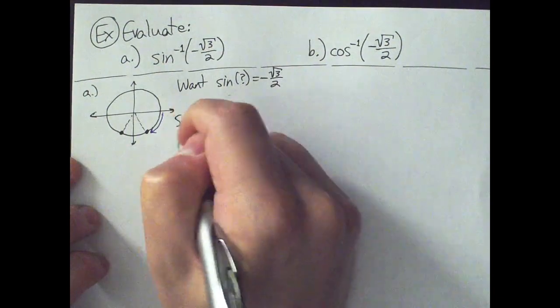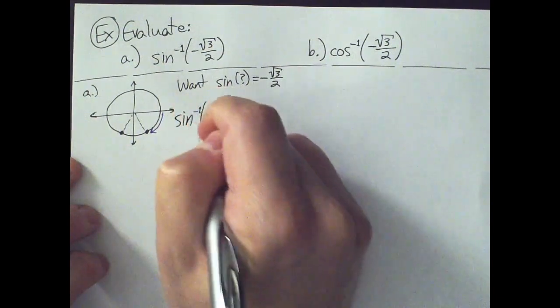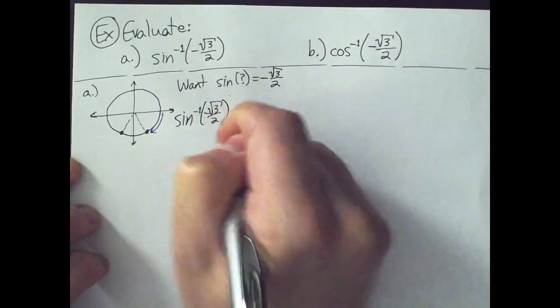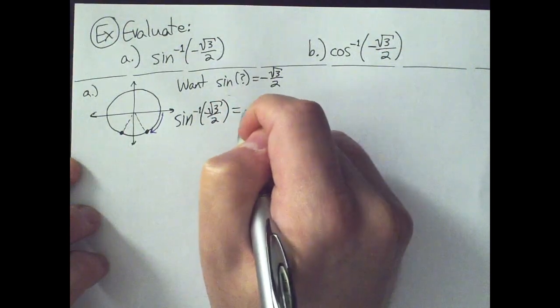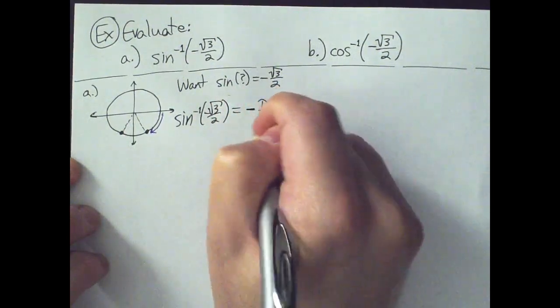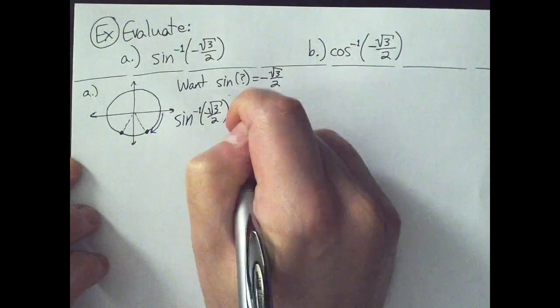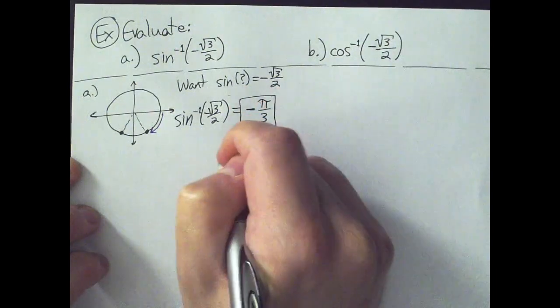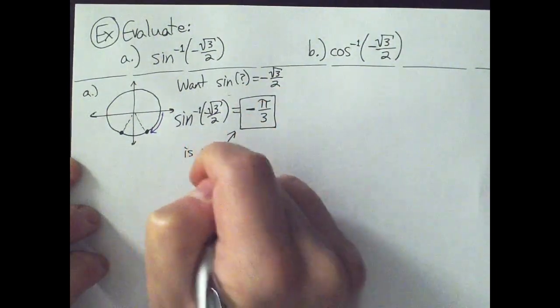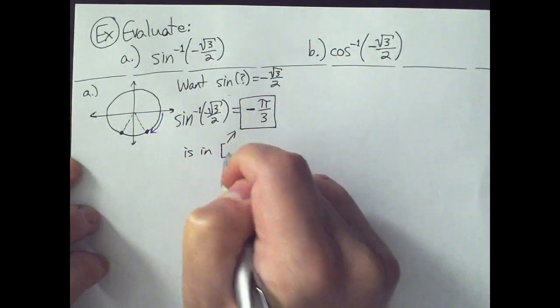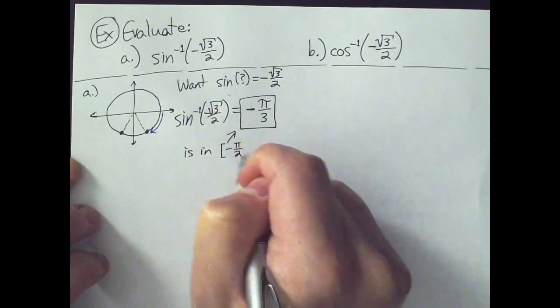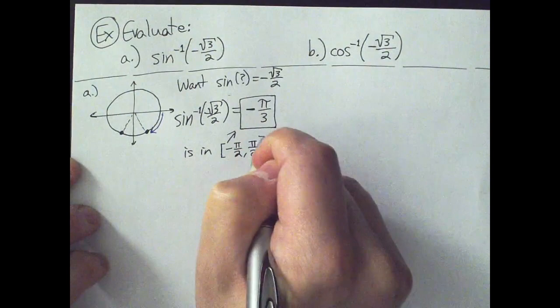I'm going to say that inverse sine of negative root 3 over 2 is equal to negative pi over 3. And notice that this is in the specified interval for inverse sine.